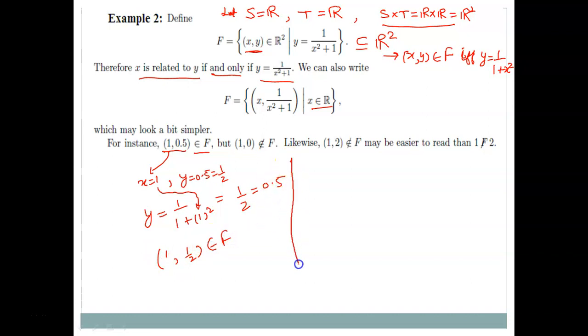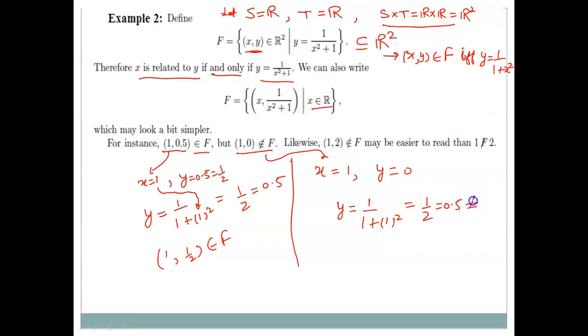Other way, this pair (1, 0) does not belong to F. Why? Because in this situation x is equal to 1 and y is 0. Now you write here y equal to 1 over 1 plus 1 square. This is 1 by 2, that is 0.5.